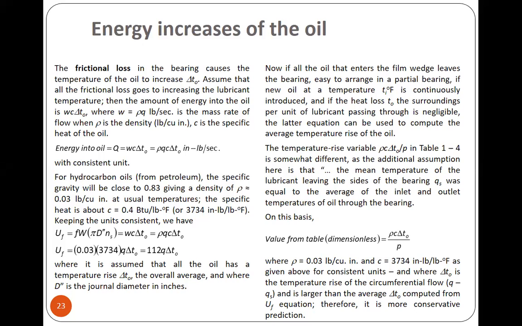So on this basis, the value from the table, dimensionless rho C delta T sub O over P, where rho is 0.03 pounds per cubic inch, C is equal to 374 inch-pound per pound Fahrenheit, as given above for consistent units, and where delta T sub O is the temperature rise of the circumferential flow, Q minus QS, is larger than the average T sub O computed from use of the equation.